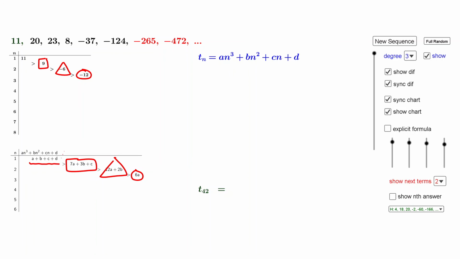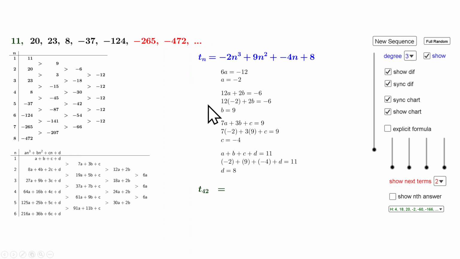And a plus b plus c is going to have to equal 11. And as you go through all the work, and you figure a is negative 2, and b is 9, and c is negative 4, and d is 8, you will come up with an explicit formula.